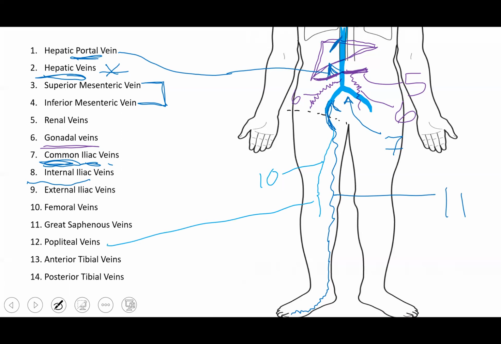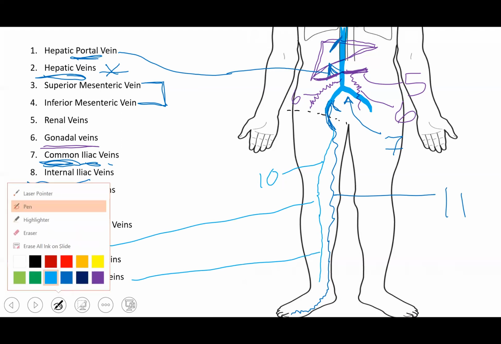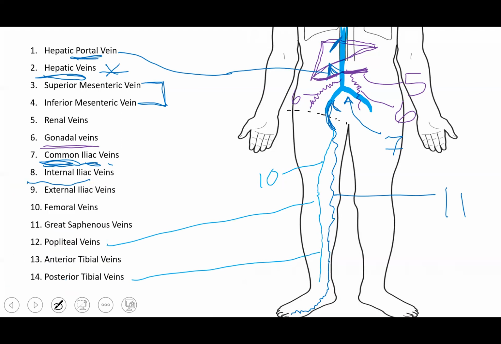And once again, we see a branching event. One branch is going to stay in the posterior of the calf, posterior tibial vein. The other branch passes through the interosseous membrane between the tibia and the fibula, draining blood from the shin. Okay, so that would be the anterior tibial vein.